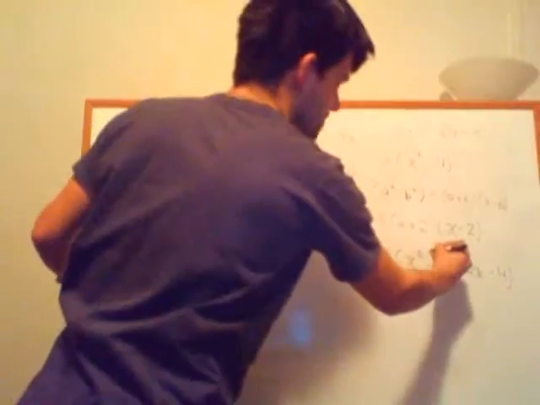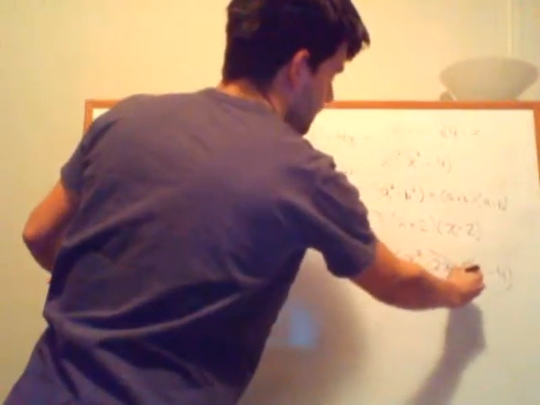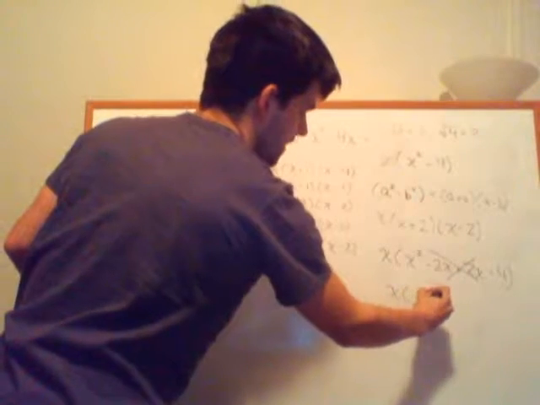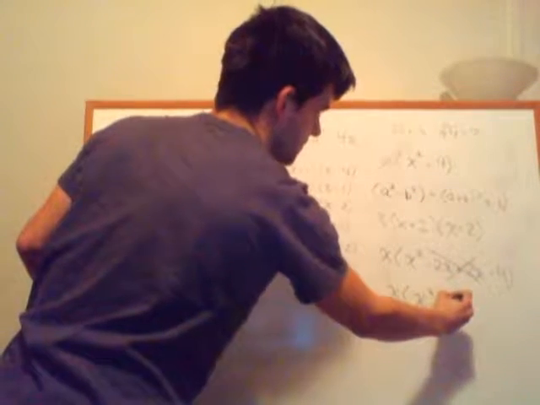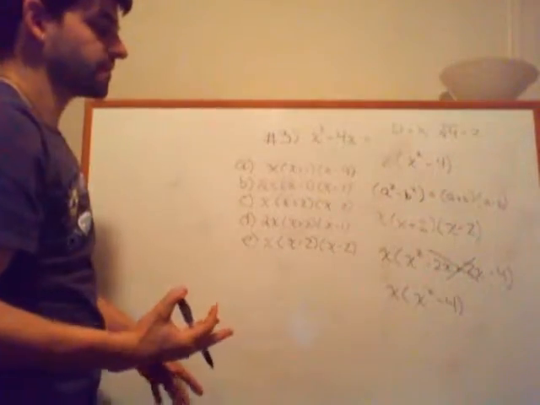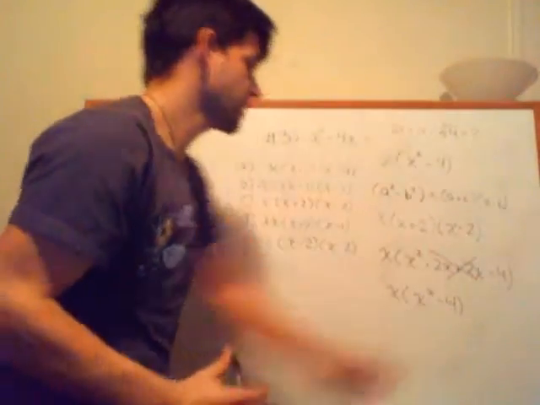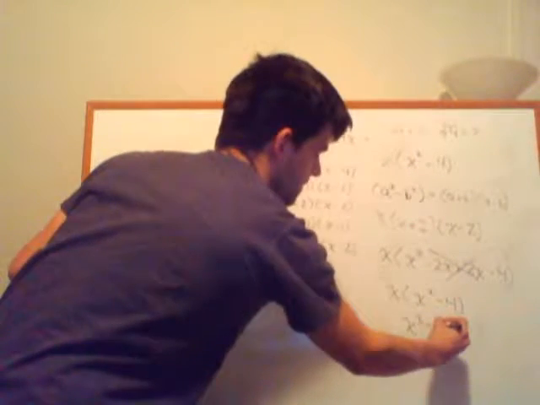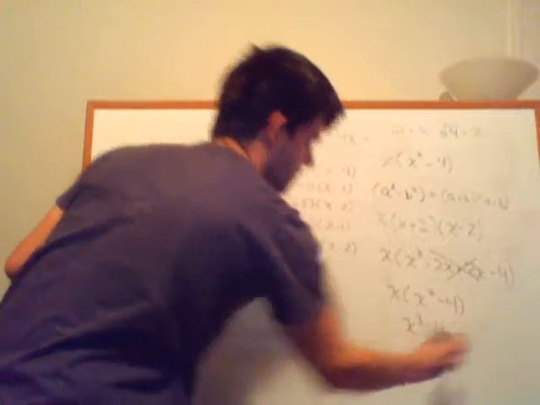And that's supposed to happen. Okay? So all that you have left after that simplification is x times the quantity x squared minus 4. Then all you have to do from there is redistribute in your x term, and you'll get x cubed minus 4x.